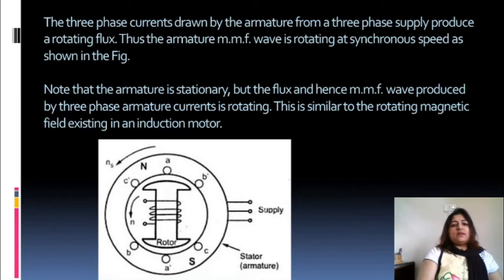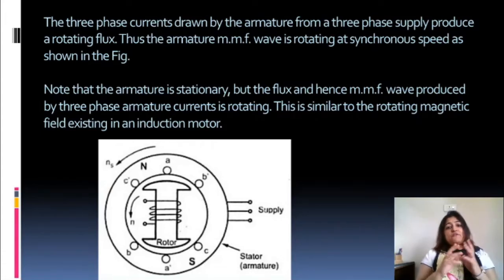So what will happen is that the three-phase current will be drawn by the armature, because we are giving a supply, and that three-phase current will produce its own magnetic field, which will be rotating in nature. The flux produced by the three-phase current will rotate at synchronous speed.